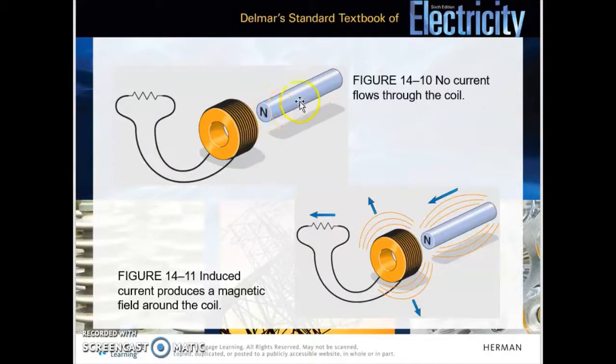There's no cutting action, so no voltage is induced and no current is flowing. Versus down here, the magnet is moving from right to left through the coil. A voltage is induced onto the conductor, and now we have current flowing through the load.